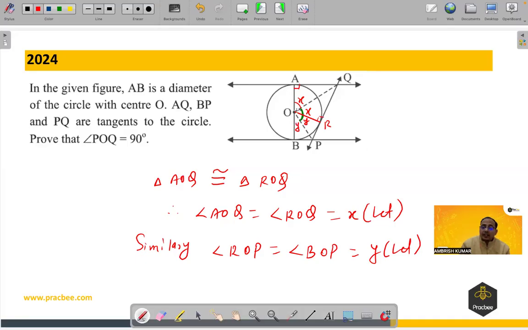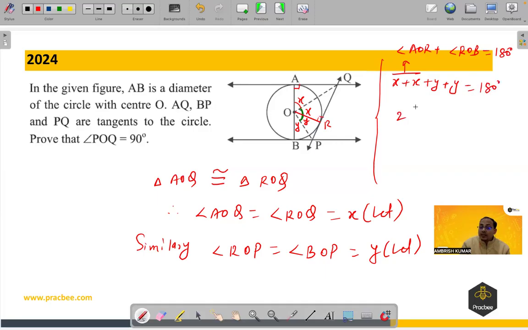Now see, the sum of all these four angles, X plus X plus Y plus Y. X plus X means this angle is your angle AOR plus angle ROB. This gives you the linear pair, so it must be 180 degrees, right?